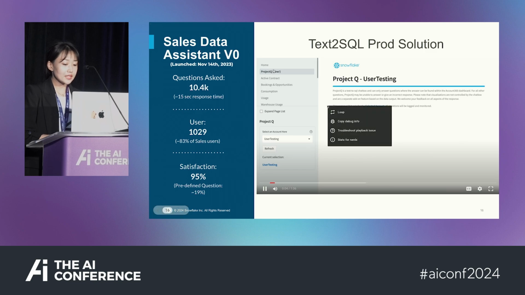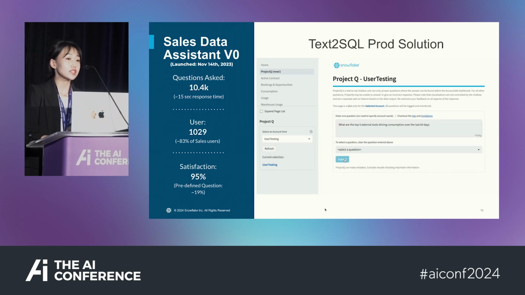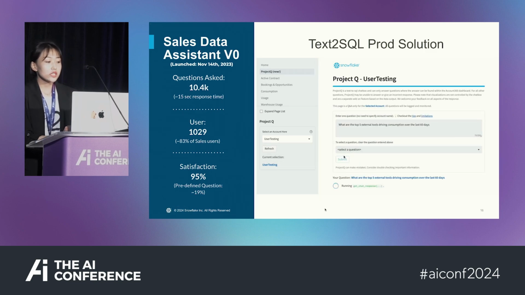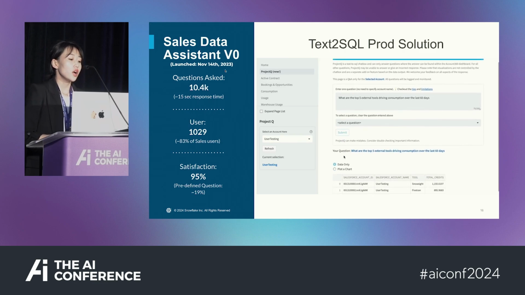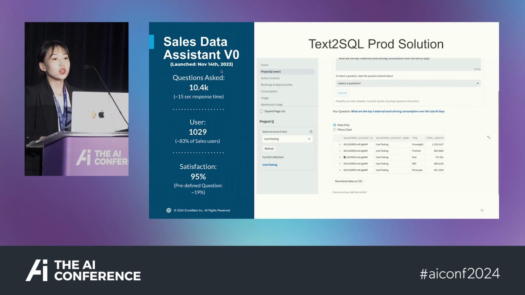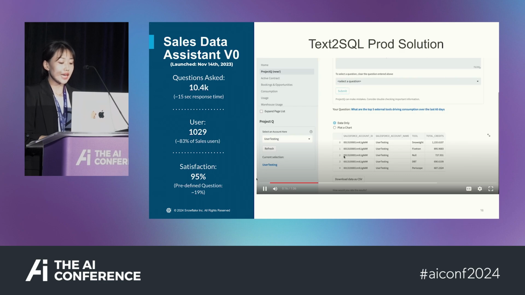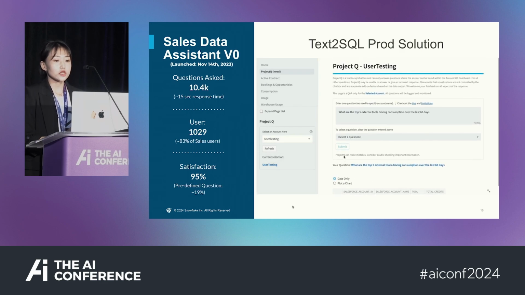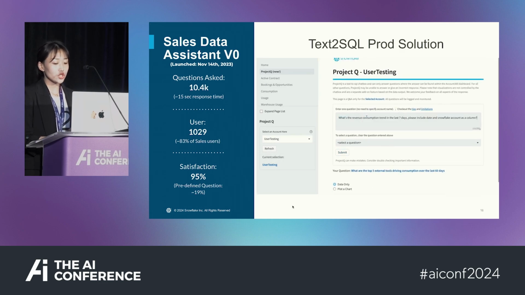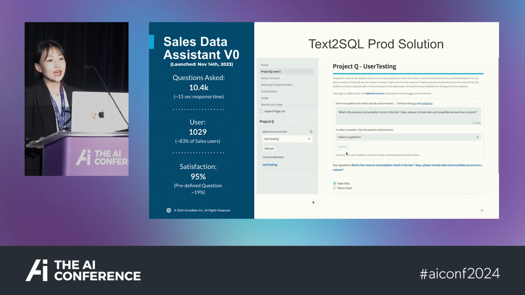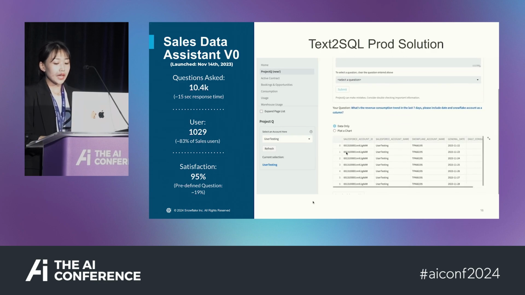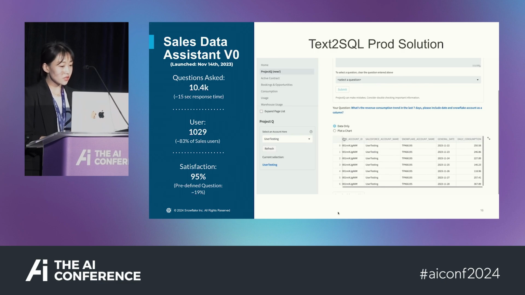Cool. Now let's take a look at how it looks in real life. Actually, prior to the data assistant, last year in November, we already launched our first text to SQL application for our sales team, which only allows users to ask one question at a time and finish the text to SQL.